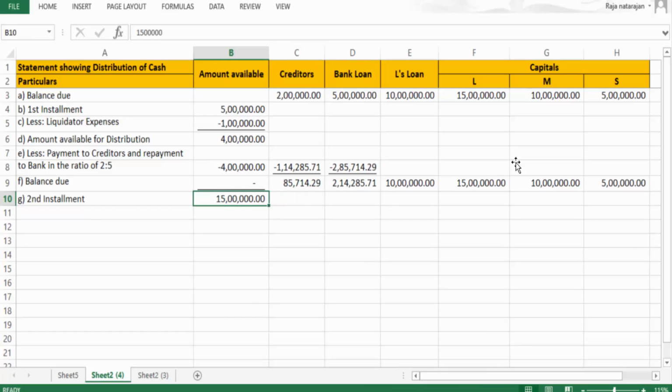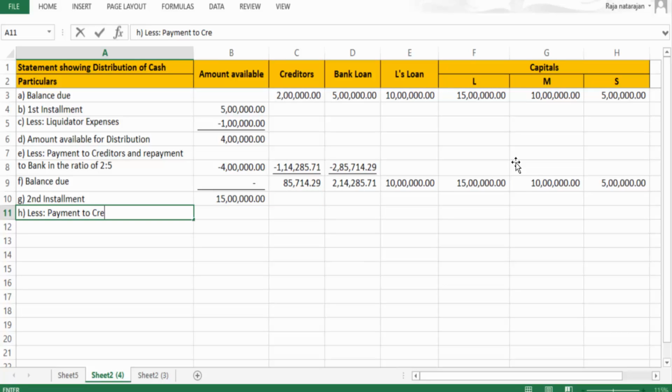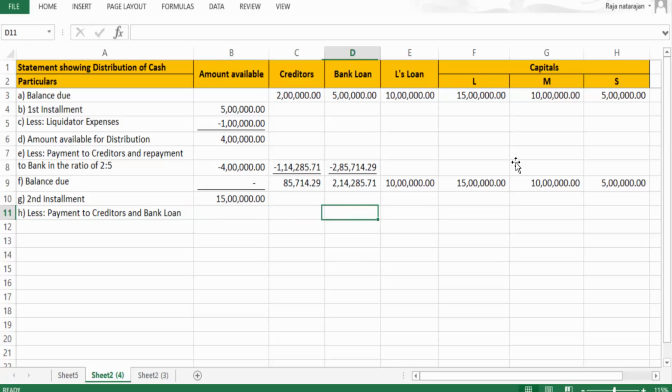So item H, less payment to creditors and bank loan. The amount we have to pay to bank loan is 2,14,285, and to creditors is 85,714. If I total this, I will know the amount that I should use from this 15 lakh. The sum of these two is 3 lakhs. So probably I'll put it here.